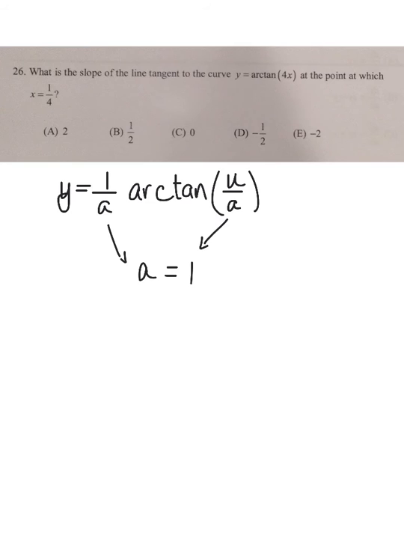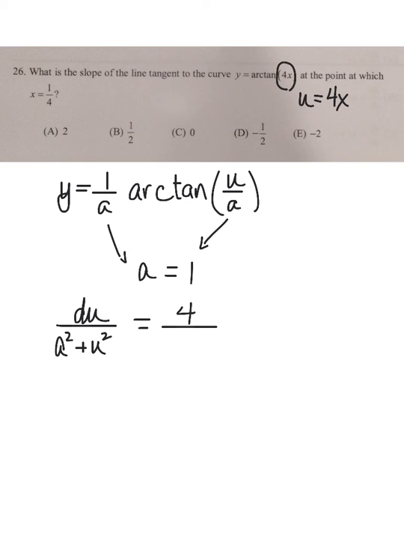And if you remember, the derivative is du over a squared plus u squared. Okay, now let's talk about the u. This is going to be my u. So my u is 4x, right? So that means my du will be 4.